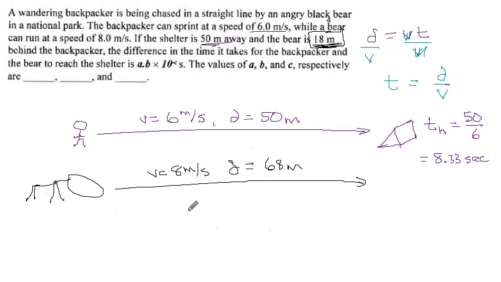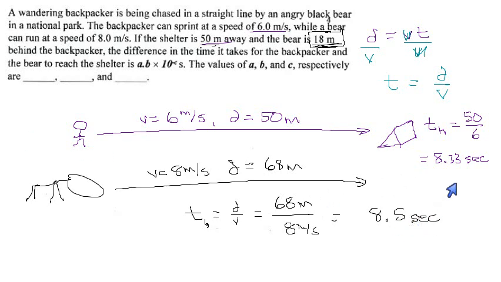For the bear, time is also distance divided by velocity, and I'll put TB here for time for the bear. The distance is 68 meters. The velocity is 8 meters per second. 68 divided by 8 is 8.5 seconds. So the backpacker will get there first, but they'll get there first by like 1/6 of a second.